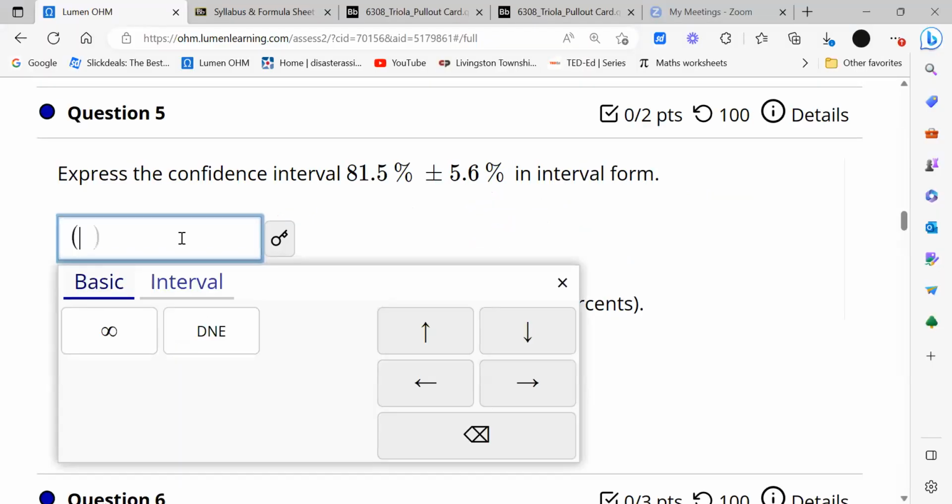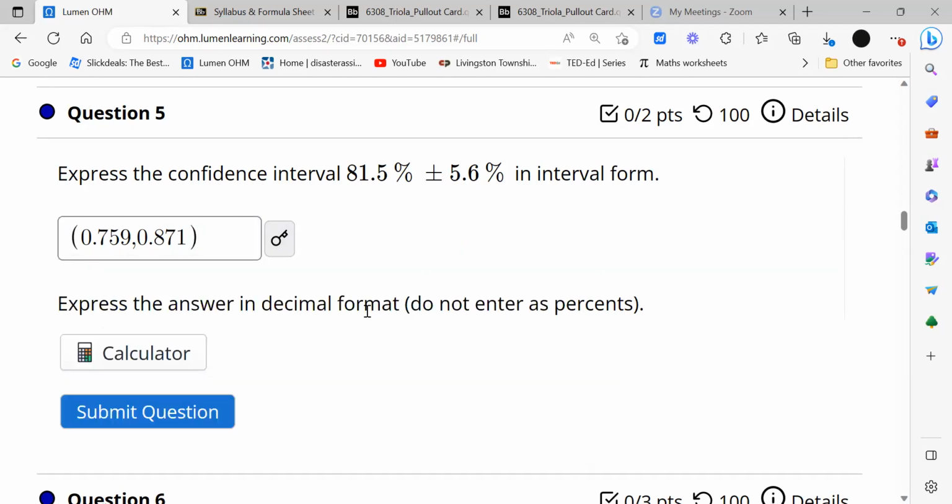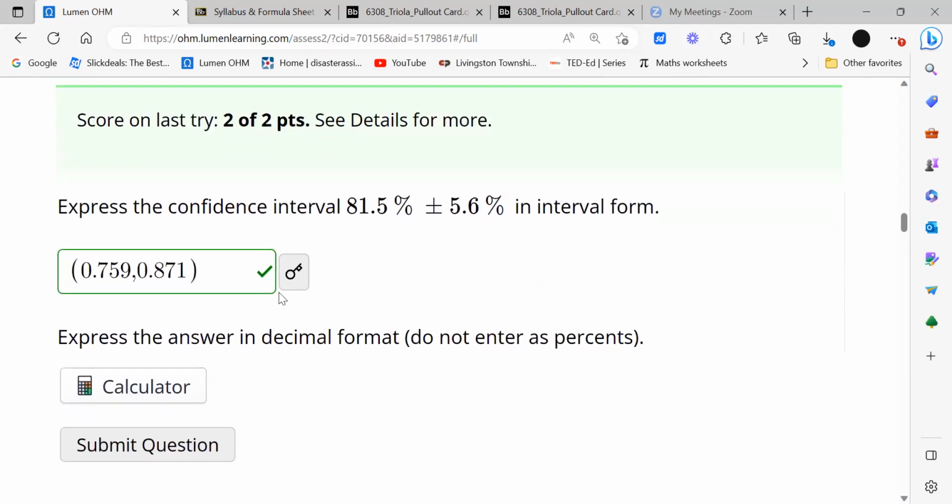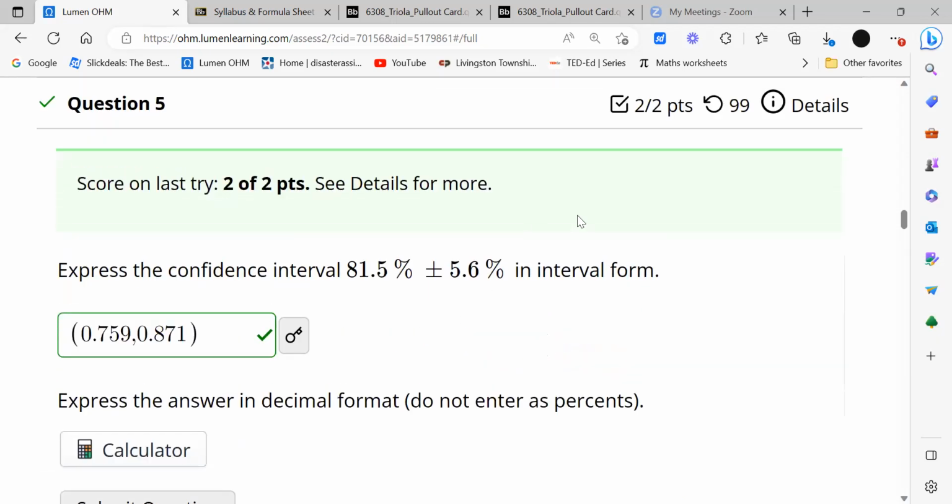So this is going to be open parentheses 0.759, and put in the other one, 0.871. So let's do it. Yep, so the answer is good. Okay, any question about this?